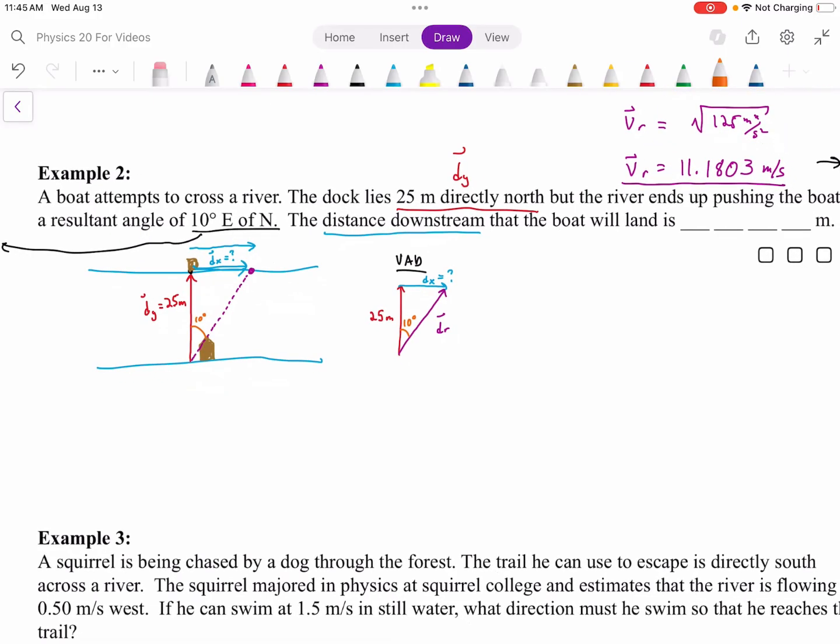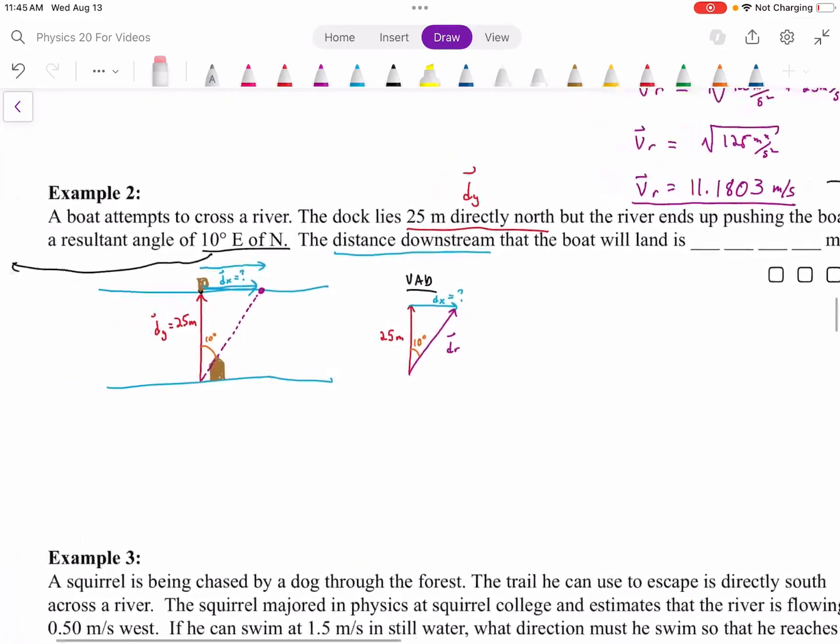So taking a look at this, we want to know the side that's opposite. We have the side that's adjacent, and we have the angle. So we have adjacent, we want to know opposite, and we have the angle. We can set up a tan ratio equation here that will help us solve.